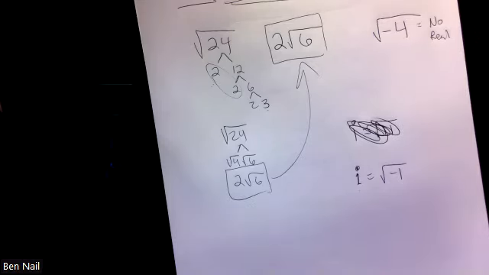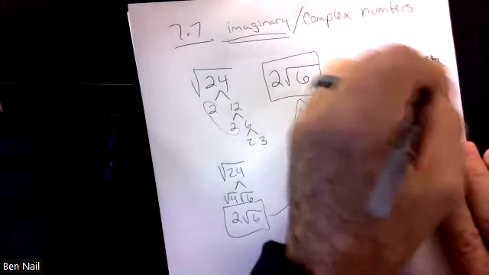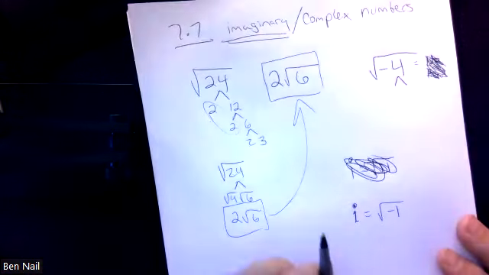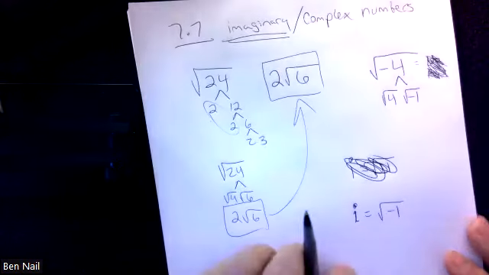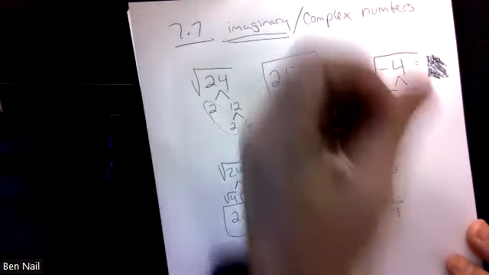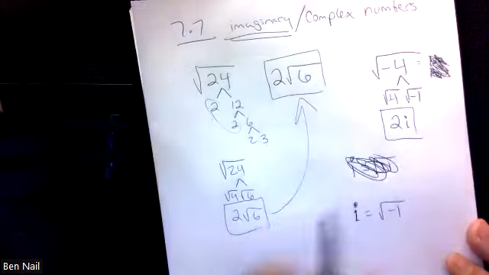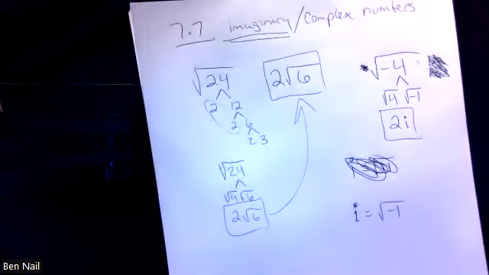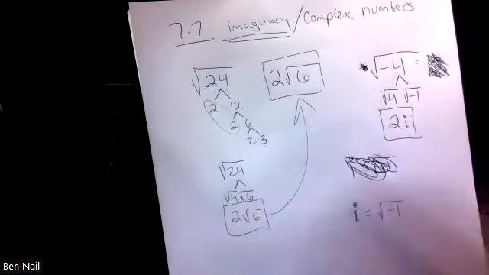What this allows is now, even though this is not a real solution, we can simplify this down to an imaginary solution. For example, the square root of -4 can be rewritten as the square root of 4 times the square root of -1. So the square root of 4 is 2, and that square root of -1 is i. So now we can simplify negative square roots.